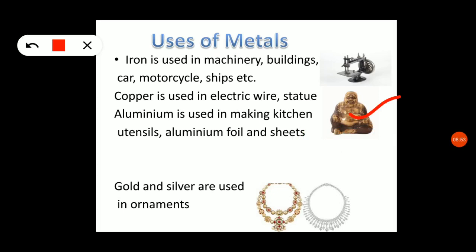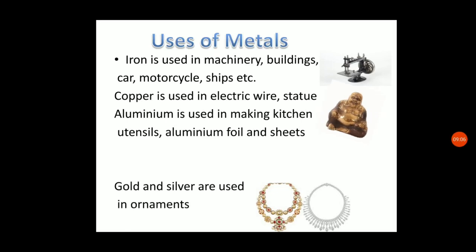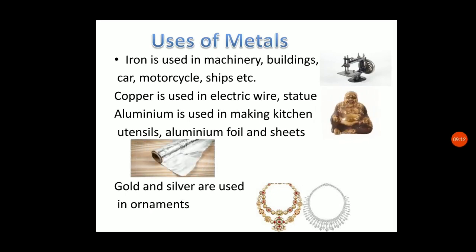And aluminium is a metal which is used in making kitchen utensils, aluminium foils and sheets. So this is the aluminium sheet, and these are the spoons made up of the aluminium. And gold and silver are used in making the ornaments. So these are the uses of metals.